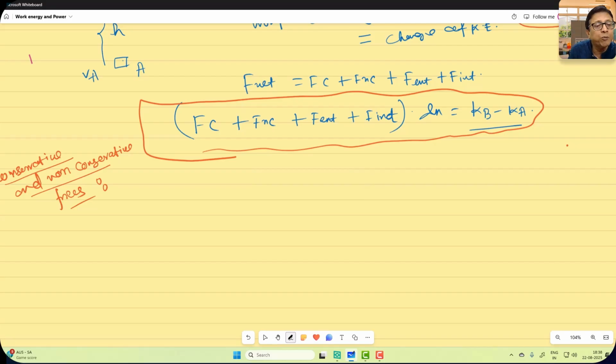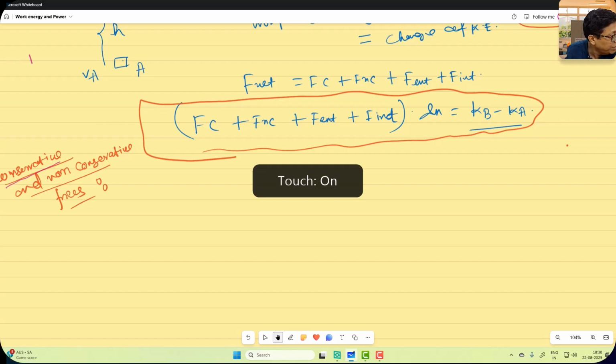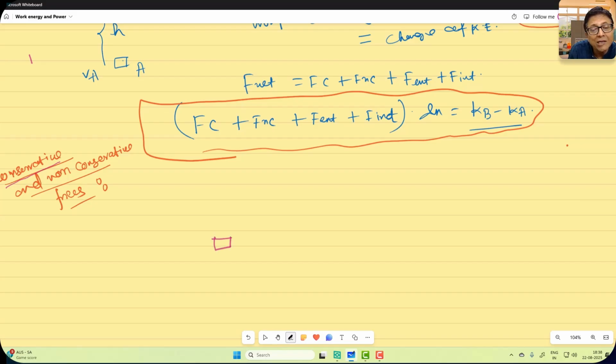What are conservative forces? Because we are relating potential energy here with the work done, conservative force plays a vital role. We will prove that potential energy is the case of conservative forces only. What is a conservative force? Just imagine that an object is projected from here with some velocity u.